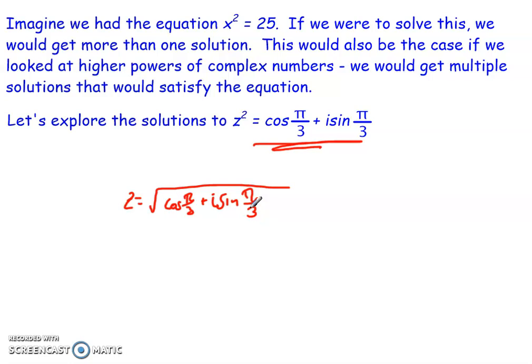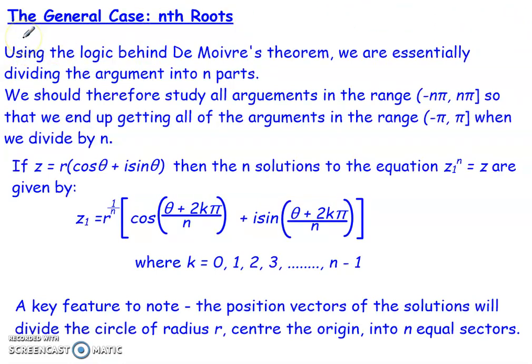What we have to be able to do is think how we get the multiple solutions, and the way in which we can translate these over. Now, I could go through a big spiel about it, lots of algebra, lots of arithmetic. But there's actually a very simple premise and a way to think about it, to generalize it for n roots of an equation. Let's use the same logic that was behind De Moivre's Theorem, and what we're going to do is take the argument and essentially divide it into n parts.